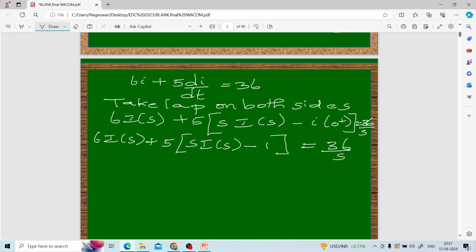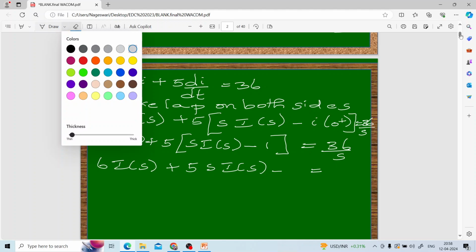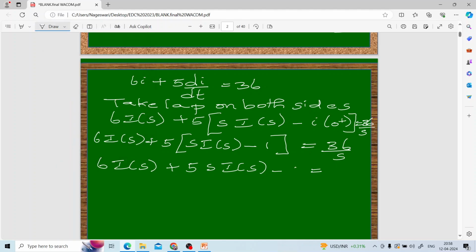So if you simplify this, 6 into I of s plus 5 into s into I of s minus, sorry, not 6, 5. Let me correct it. So 5 is equal to 36 by s. Now simplify this.